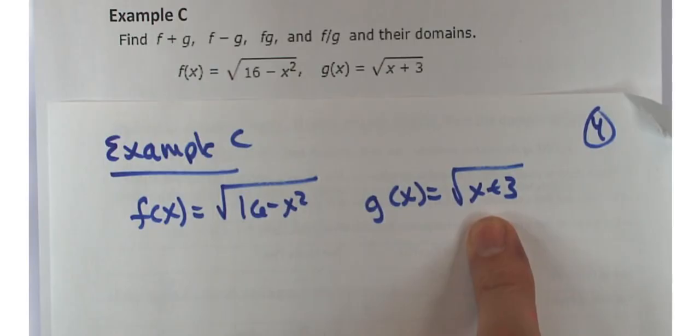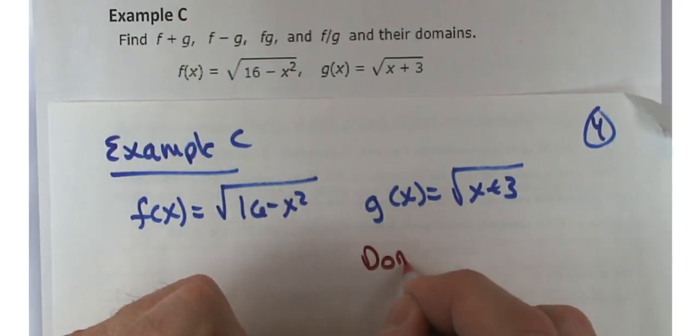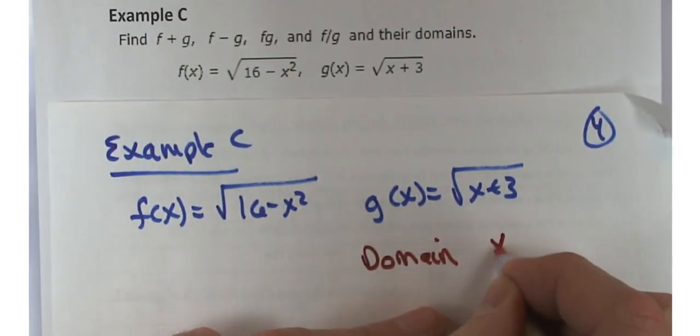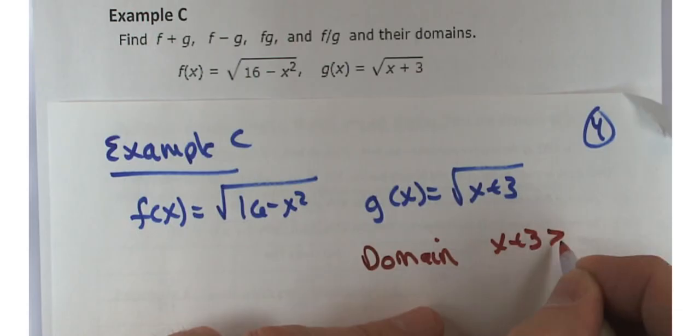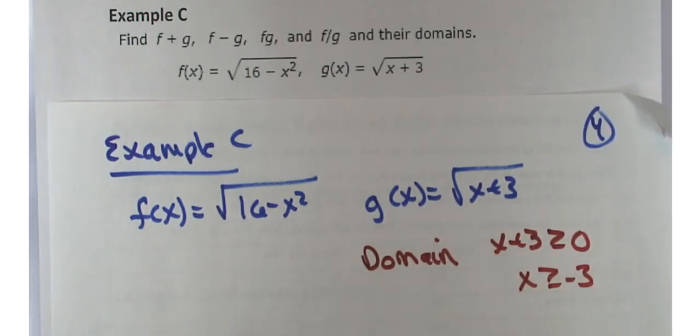Not negatives, right? So what I want from this is I want to make sure that they're positive, or at the very least, what? 0, right? So I want to make sure that these are greater than or equal to 0. So that means for the domain, I want x plus 3 to be greater than or equal to 0. That means x is greater than or equal to -3. Okay, that's my domain for this one.